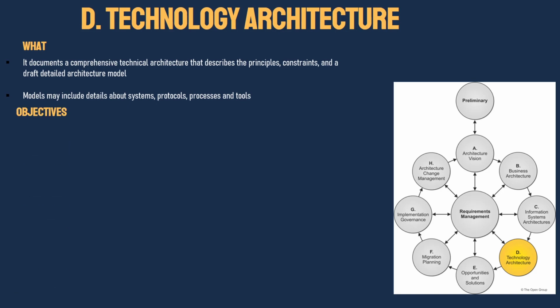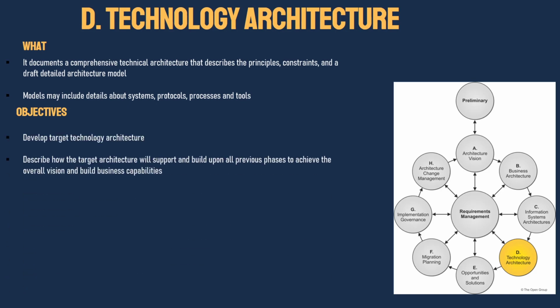Our major objective here is to develop the target technology architecture and describe how the target architecture will support all the previous phases and build on all the previous work so that we continue going towards our vision and meeting our strategic requirements.